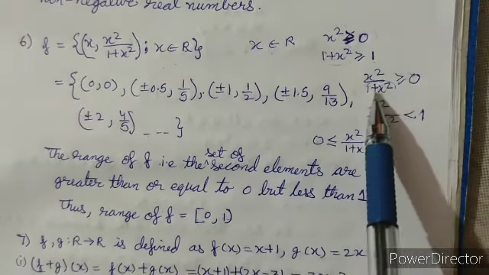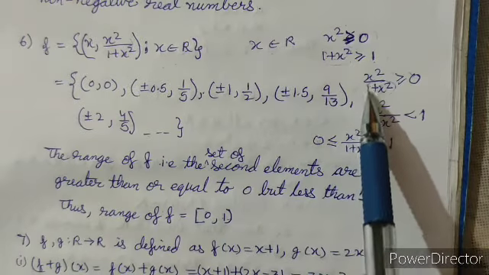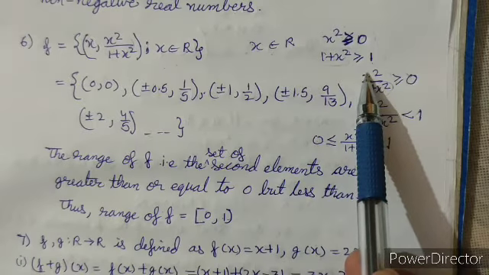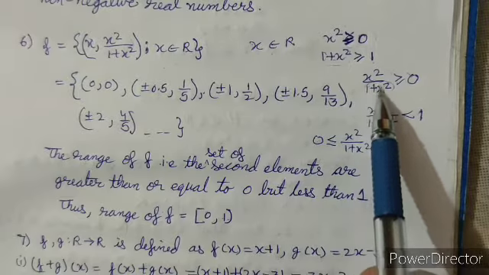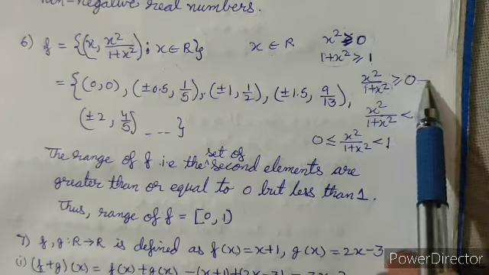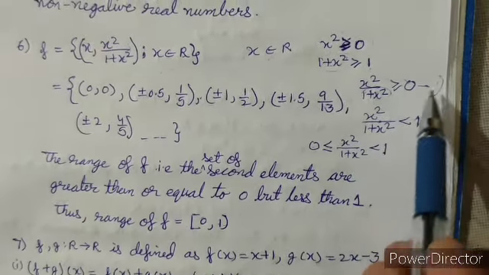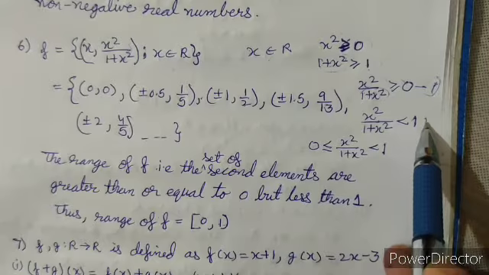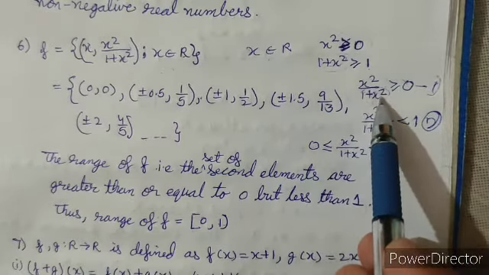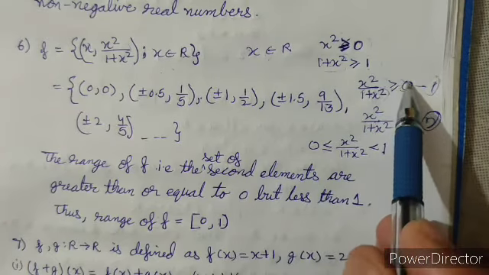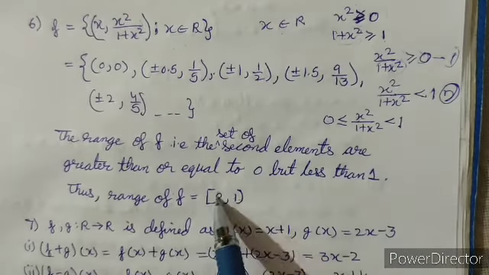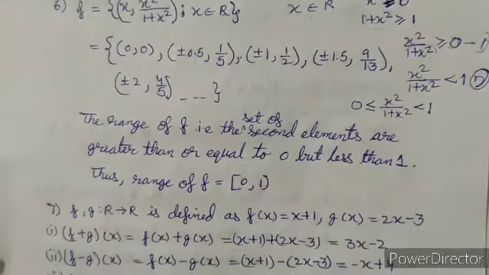Now as we see here that 1 plus x square is greater than x square, so x square upon 1 plus x square will always be less than 1. Thus from these two equations, the first and this one the second, we can say that the value of x square upon 1 plus x square will always be greater than or equal to 0 and less than 1, or the range will be from 0 to less than 1.